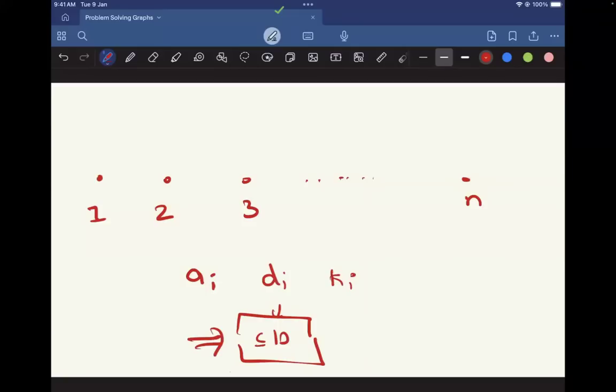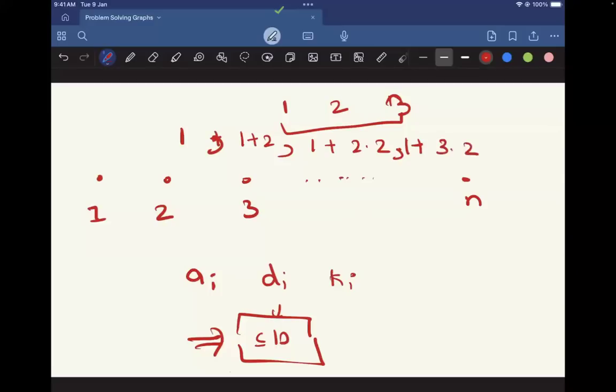Okay. Now, guys, look at it this way. Let's say a_i is 1, d_i is, let's say, 2, and k is, let's say, 3. So in this, what would happen? I would connect 1, then I would connect 1 plus 2, and I would connect 1 plus 2 times 2, and 1 plus 3 times 2.